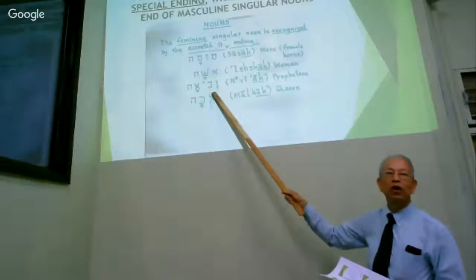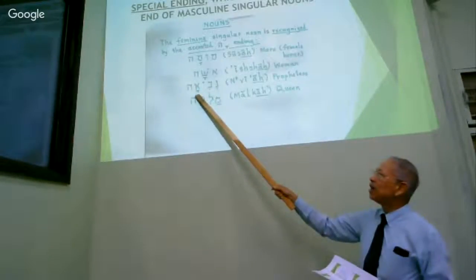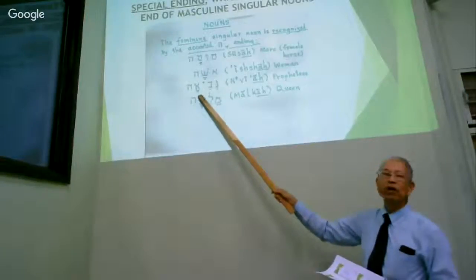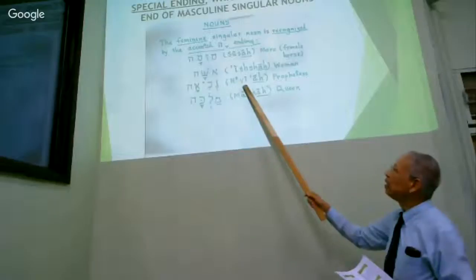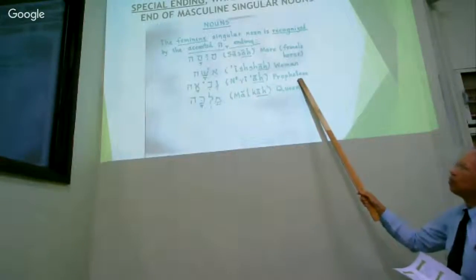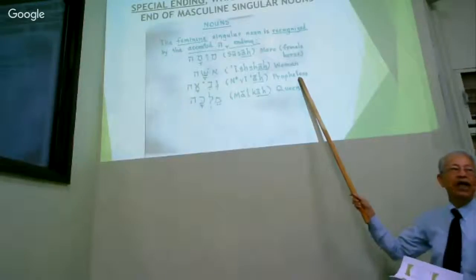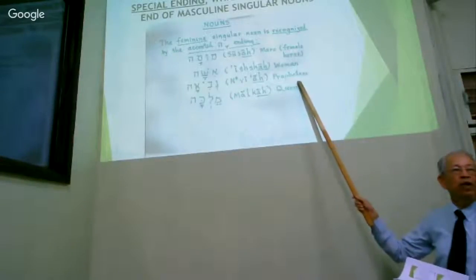Masculine singular, prophet. But when you add commas A and A to the end of Navi, you get Neviah, which is prophetess.